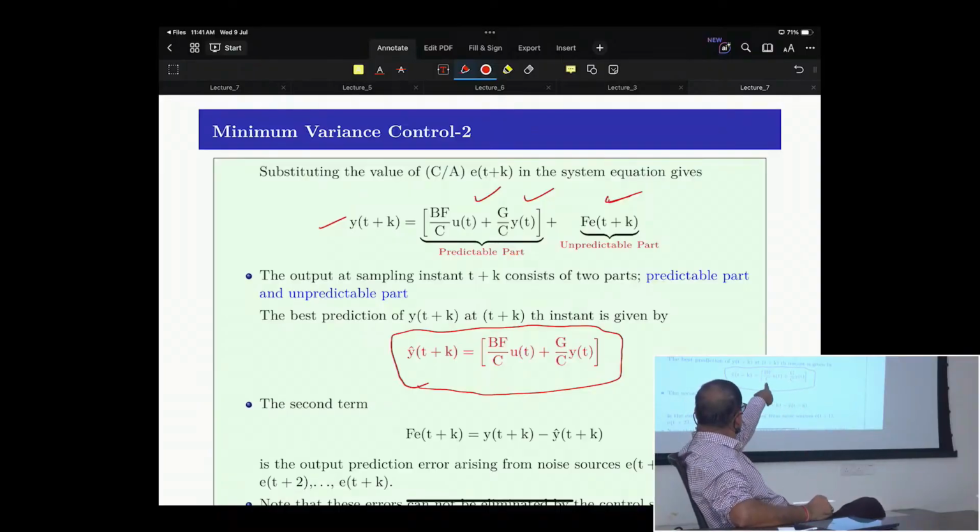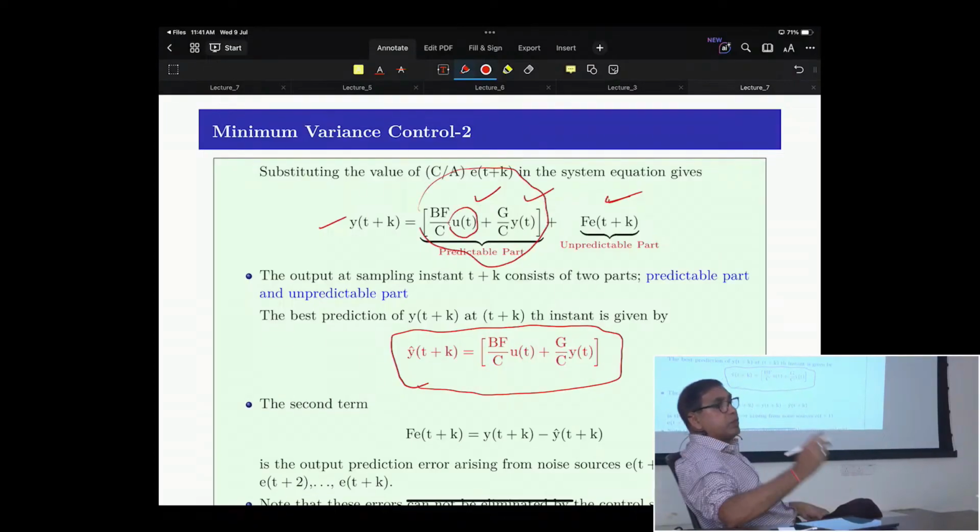But I cannot make it 0 because it has got two components. I have no control over F e t plus k. I cannot do anything. So I can only do it by selecting u, because u is under my control, the control input. I can make this particular part 0, right?